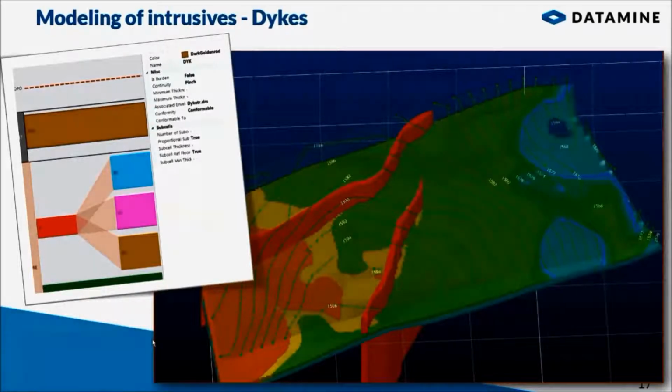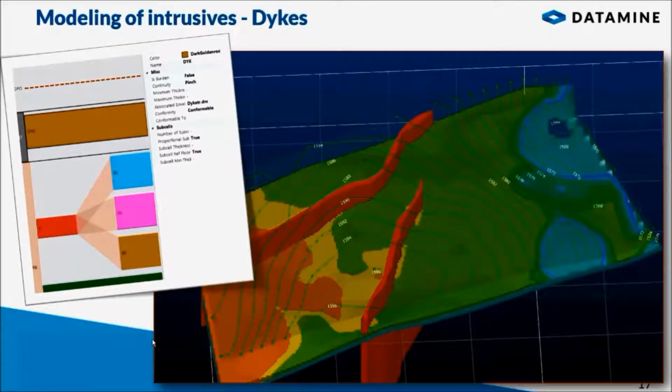Another area that can be very powerful, and I think it distinguishes us from most of our competitors in this space, is the way that we now allow for the modeling of dikes.